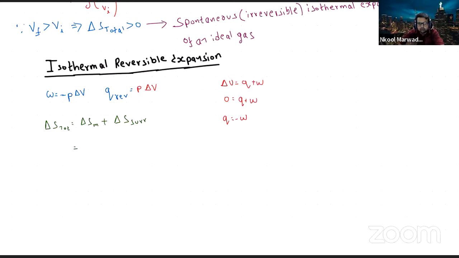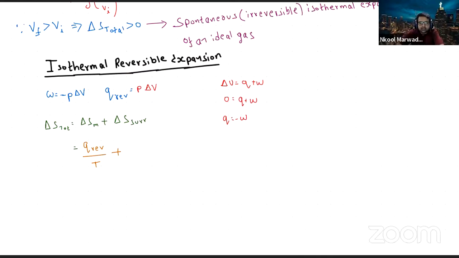When the work is done by the system, delta S is Q by capital T, so the Q is P delta V. I can write P delta V upon capital T, or Q reversible, which is P delta V upon capital T. And since the temperature will be the same at that point, for the surrounding, whatever heat transfer is taking place from the system to the surrounding, it's a reversible process.